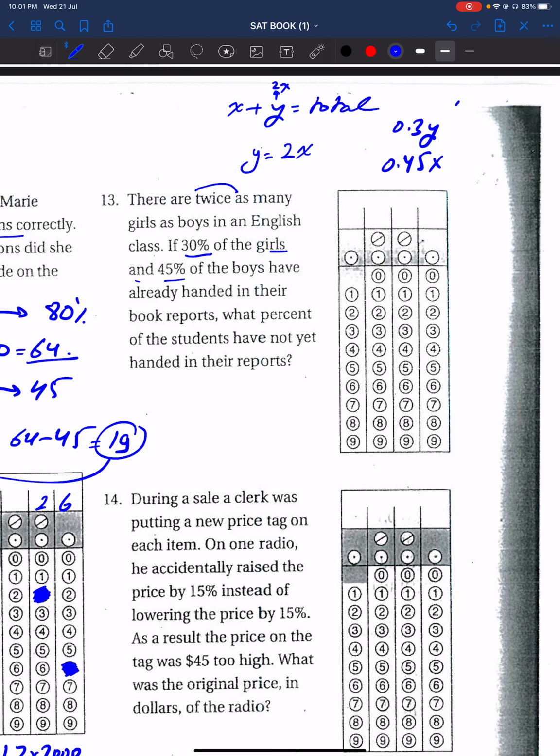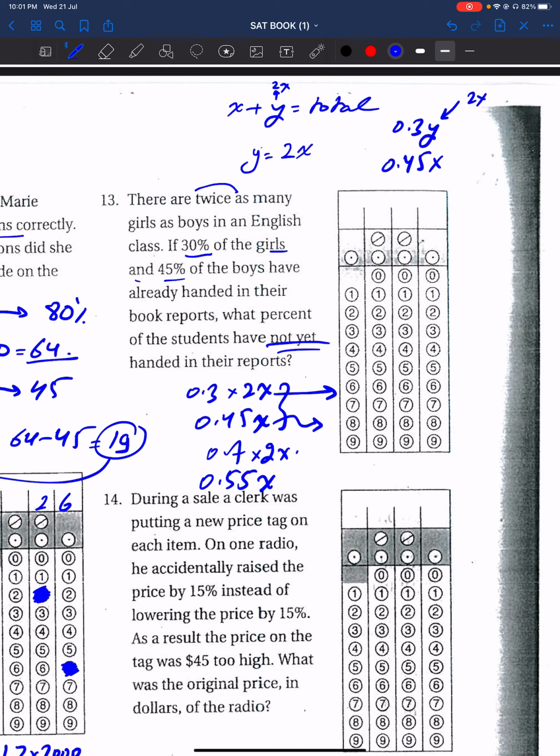So 0.3 times 2x and 0.45x, those are the people who handed in their reports. We still need to check for those who didn't hand in. So 0.7 of 2x, which is the complement of this, and the complement of 0.45 is 0.55 of x.